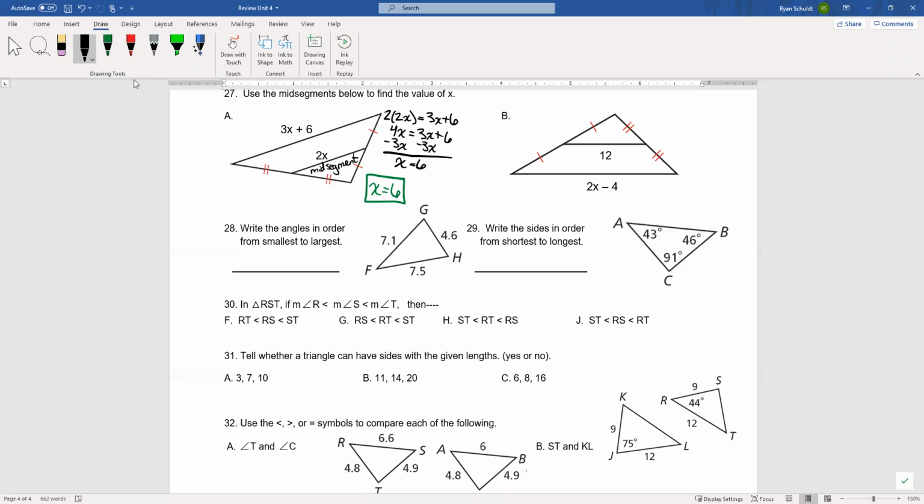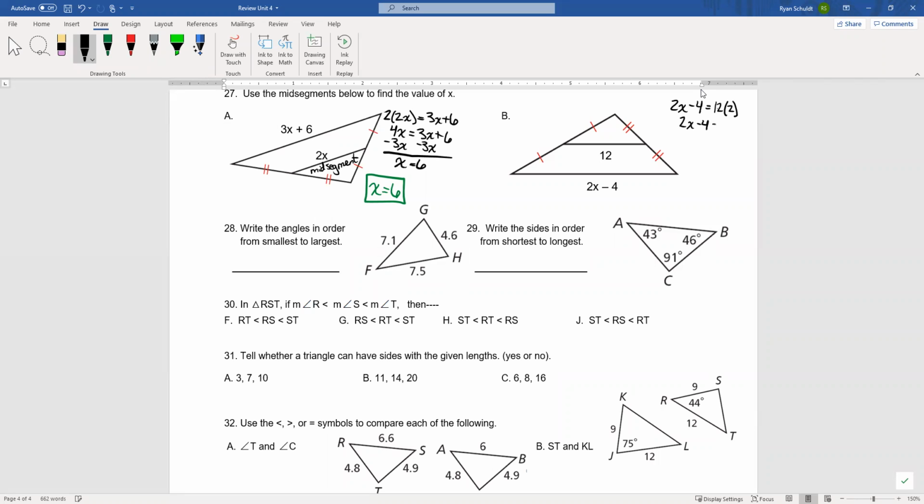Now for B, I have this 2x minus 4 out here, but to set it equal, I need to multiply the 12 times 2. That's going to get me what this is really equal to. So 2x minus 4 equals 12 times 2. 12 times 2 is 24.